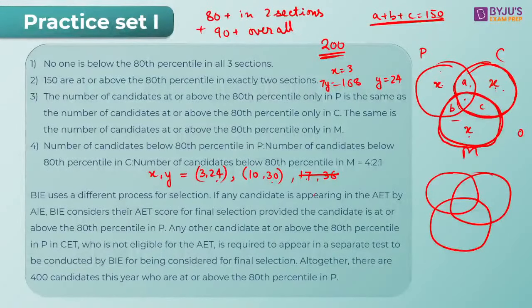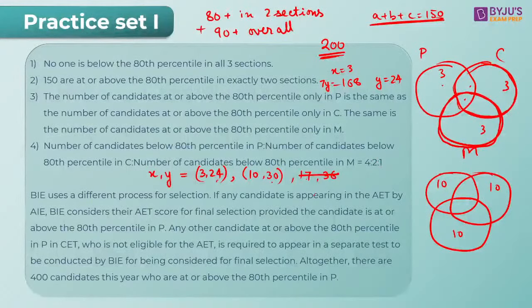So one is x is equal to 3. Another is x equal to 10. Okay, so if we put x is equal to 3, the total was coming as y, which was 24.